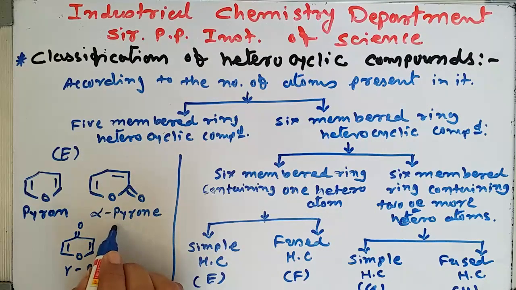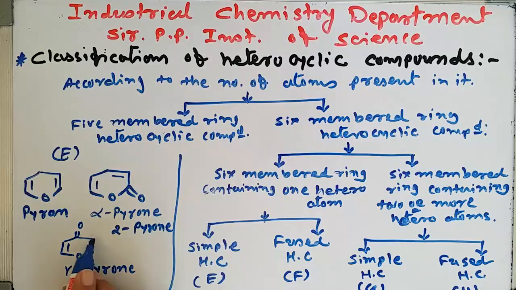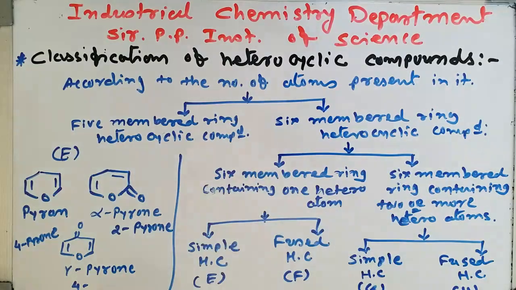Also we write it as 2-pyrone. This is 1, 2, 3 and 4, so 4-pyrone. So these are the first compounds: simple six-member ring containing one heteroatom.